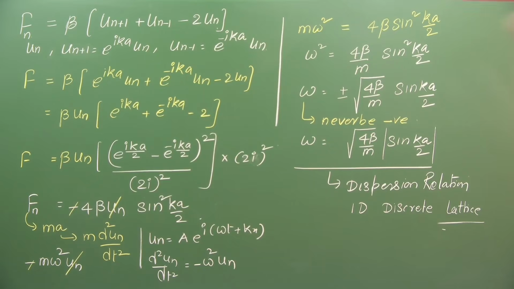I hope some of you understand what we are going to discuss here: acoustic branch and optical branches. How we are getting those branches, we are discussing. This is the 1D monoatomic lattice. That's why it is discrete in nature.